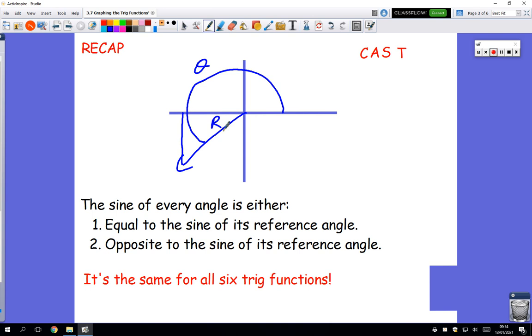And every angle you can draw, the sine of that angle will be either equal to the sine of its reference angle or opposite to the sine of its reference angle. And that's the same for all 6 trig functions.